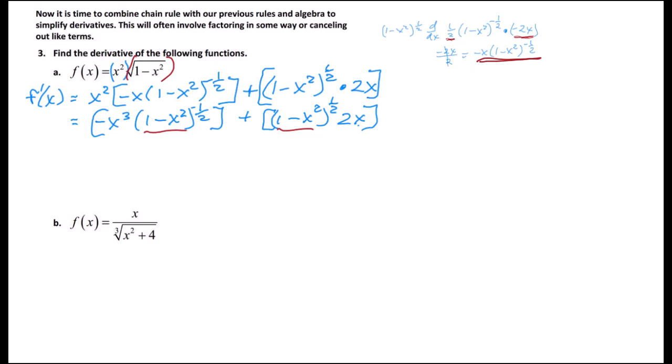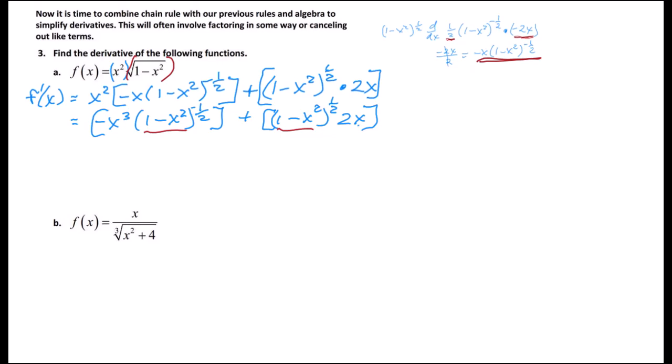It's similar to if I had x squared plus x to the third. How would I factor something out of that?